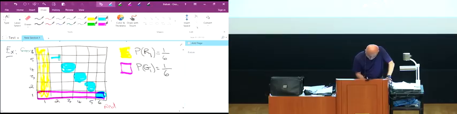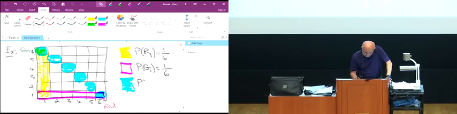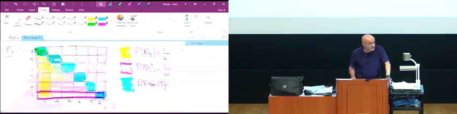Sapphire, whatever. Blue. This one is the event that the red and the green gave me 7. What's that probability?